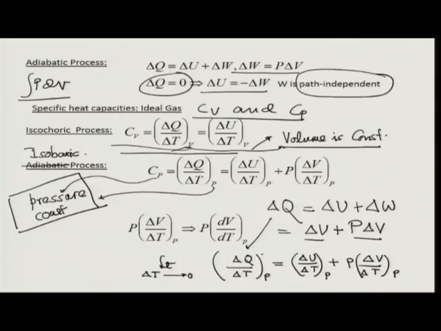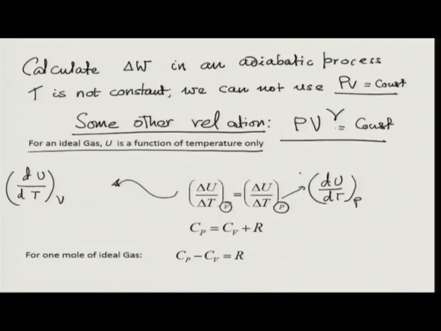Now, look at this equation. What you have is Cp, and what is this quantity you are calculating? P delta V over delta T, and you can immediately arrive at the equation.